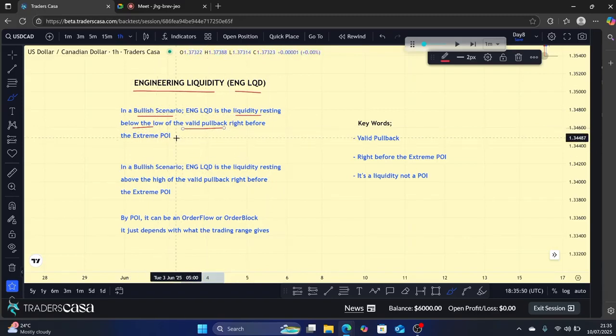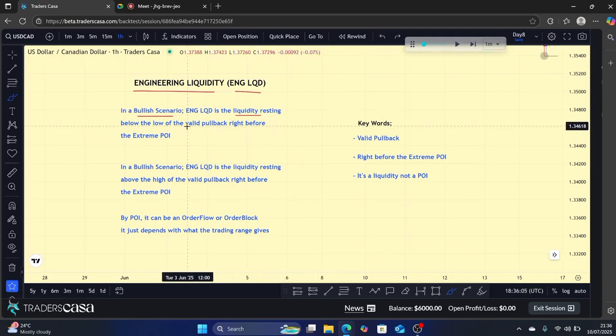You should not miss even a single part of that definition, because excluding one will make the definition wrong. And this is the bullish scenario.